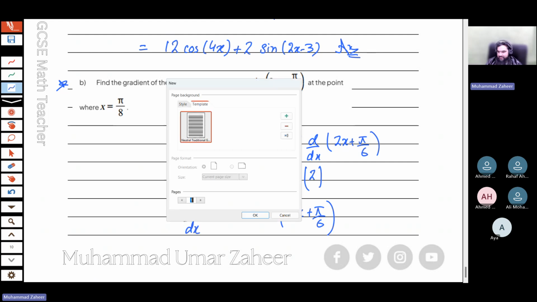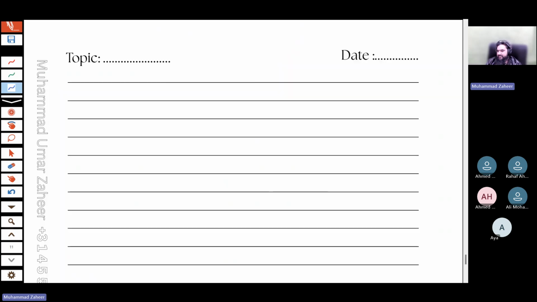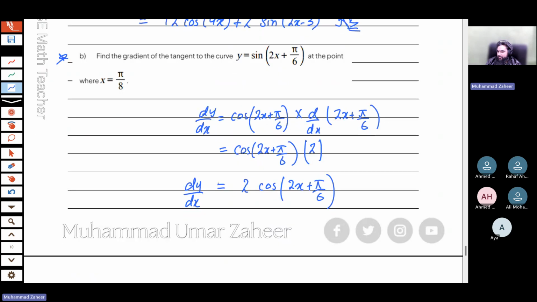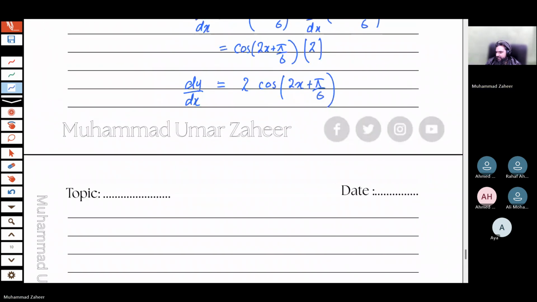But we have to find the gradient at a specific point, where x is equal to pi over 8.